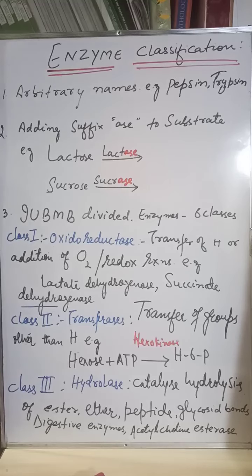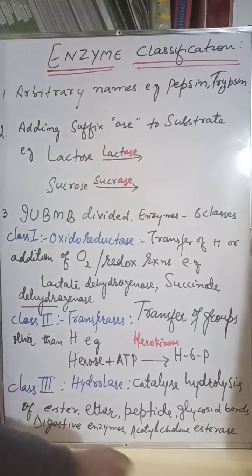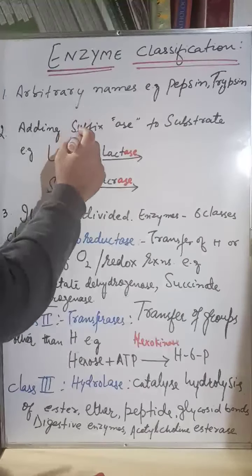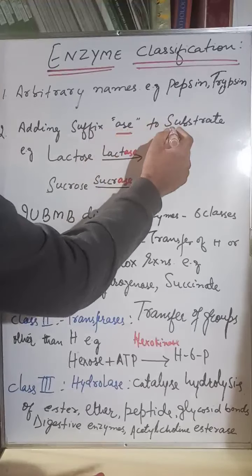Now, before discussing the classification of enzymes, let us see a little bit about enzyme nomenclature. Earlier, when enzymes were isolated or discovered, they were given arbitrary names like pepsin, trypsin, chymotrypsin, renin, and these names have been kept as such, and we use these names even today. Later on, it was agreed to add the suffix -ase to the substrate.